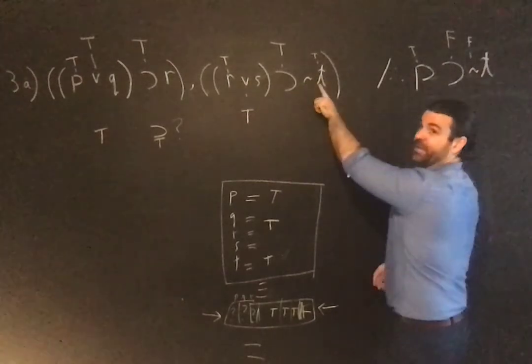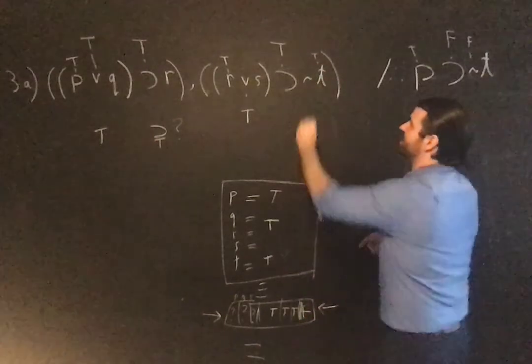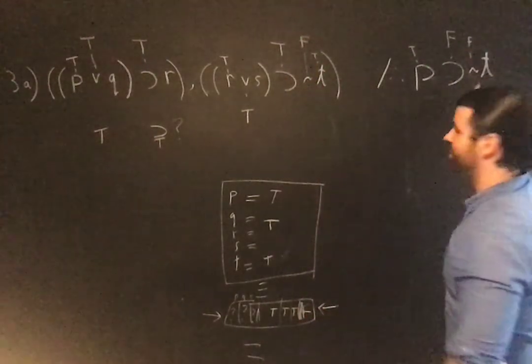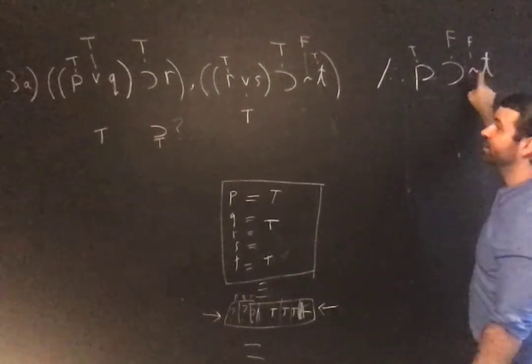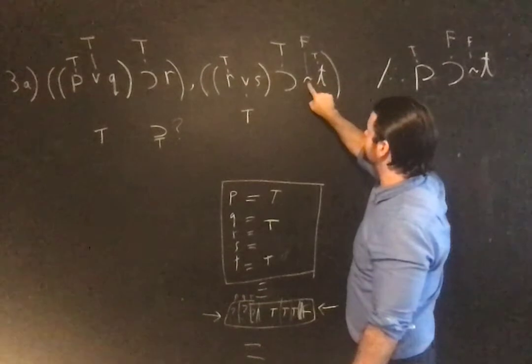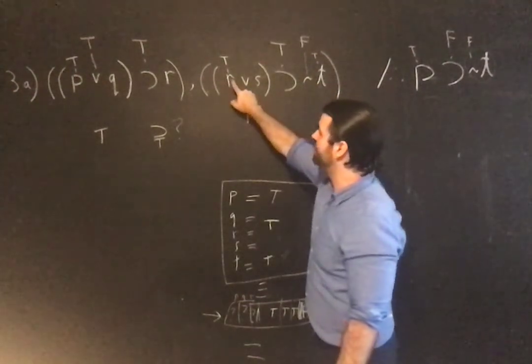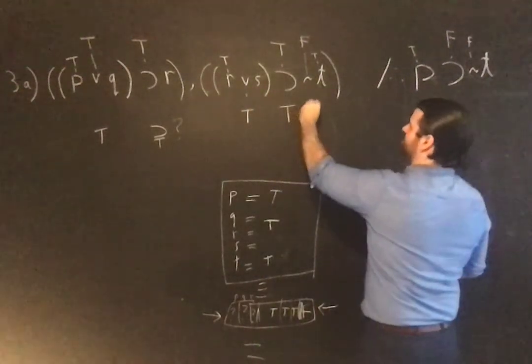But I was necessitated in assigning T the value true, which means not T is false. There's no way to avoid it. The only way to make the conclusion false is for T to be true. So this has to be false, but it's necessary that R is true, and these are all conditions I'm supposed to fulfill.